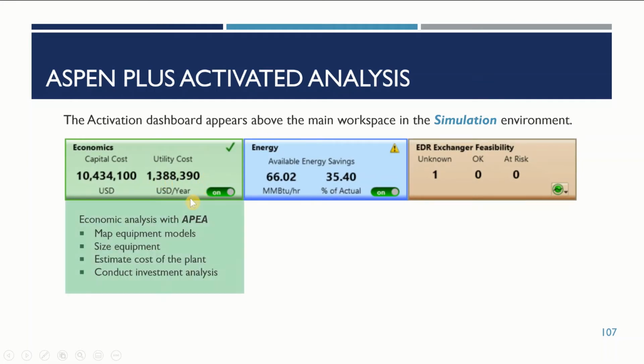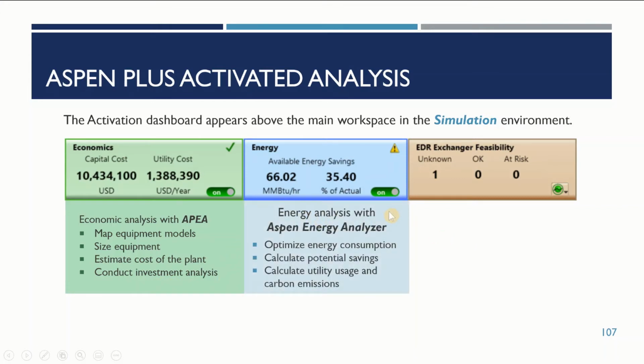The green panel is the economic analysis performed by APEA. To do the economic analysis, APEA will map the equipment models, size equipment, estimate the cost of the plant, and conduct the investment analysis.